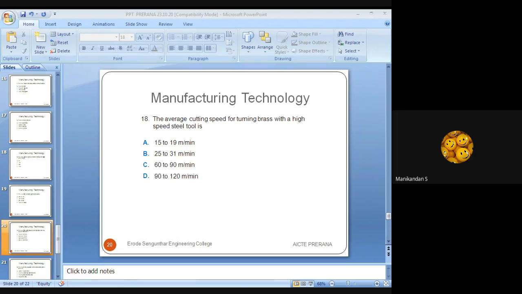Actually, for brass it is 30 to 60, but there is no option for 30 to 60. Cemented carbide is 60 to 200.